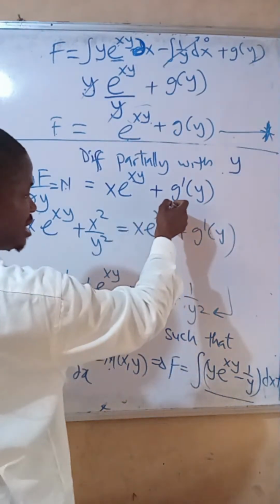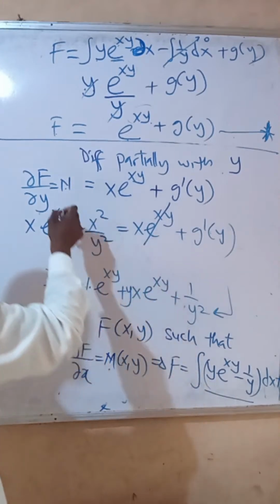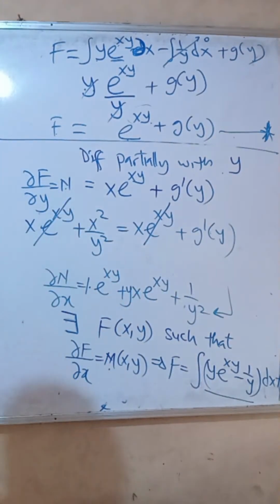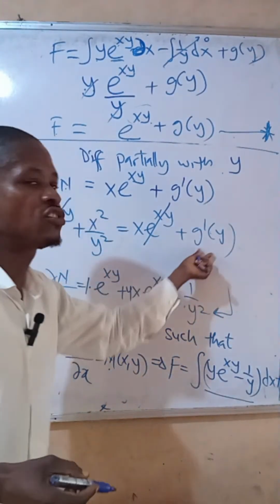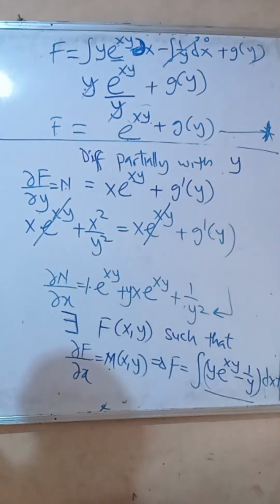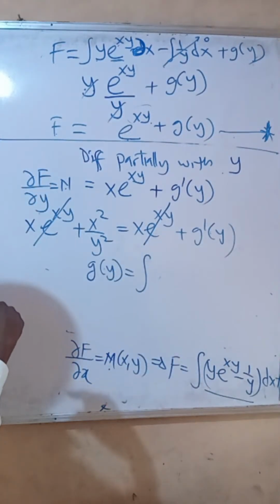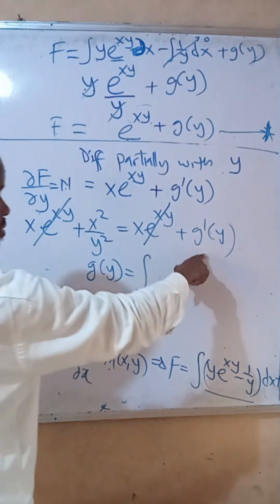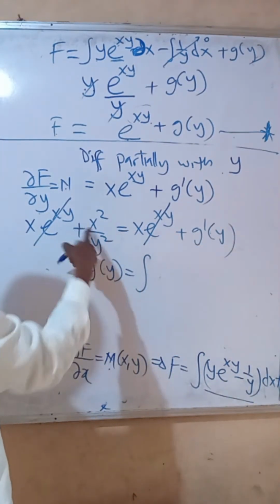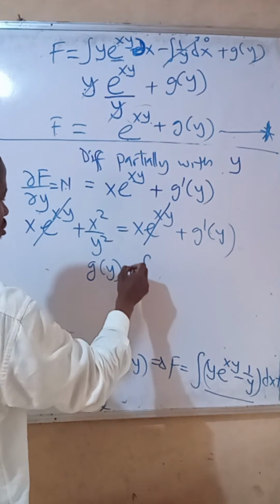So I told us from the intro that this something must cancel. So this one we cancel. So we now have these two left. We integrate with respect to y. So I'm going to take this s squared outside the integration, it is a constant.